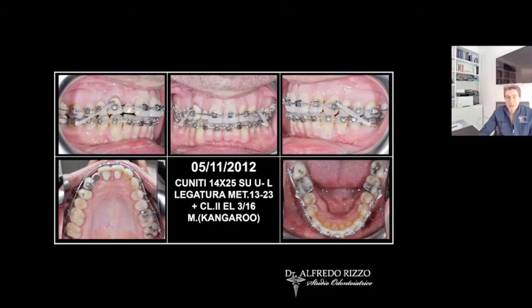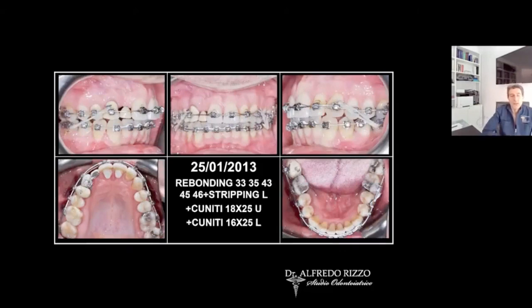I give elastics, Kangaroo for class 2 correction, 4.5 ounces, 3/16. And we just let the wires do their job, expanding dental arches. There is also a small misalignment that needs to be corrected.